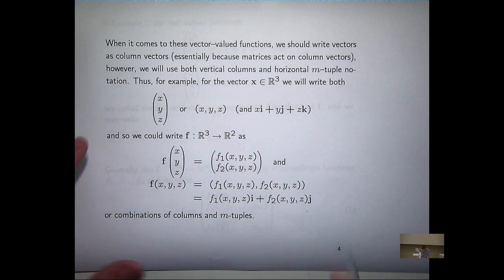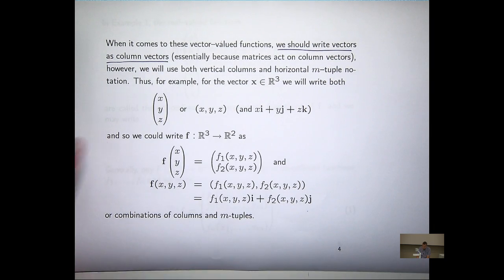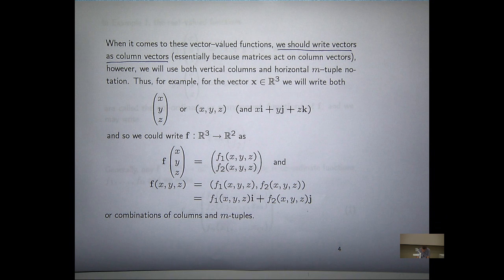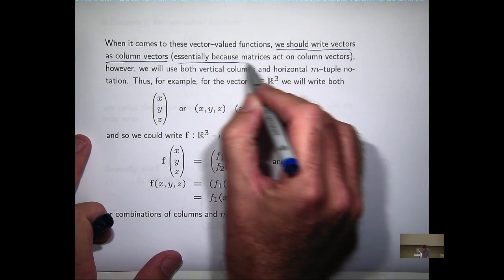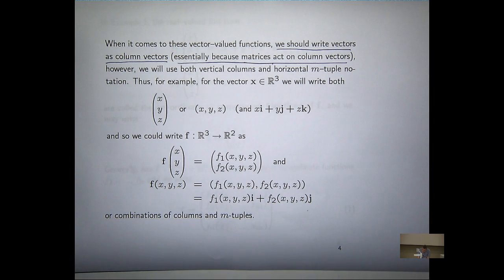In this section, we really should write vectors as column vectors. And I've been switching between the two in the previous sections. And the reason why it's important in this section is because when we define differentiability, we're going to use this Jacobian matrix, and it's going to multiply through by a vector.